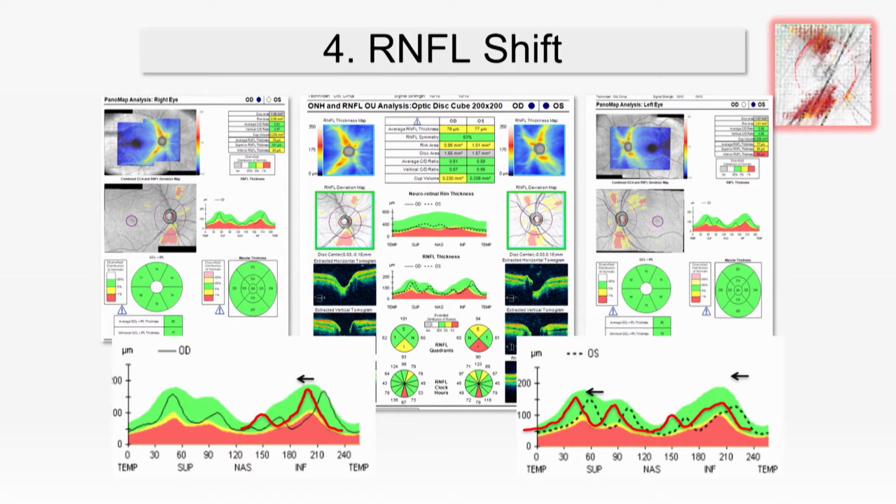If we move the TSNIT plots to the left, or nasally, we will see the RNFL thickness will fit the green area completely. So this is also a common artifact in myopic eyes. We call it temporal RNFL shift, and sometimes we see nasally shifted RNFL in hypermetropic eyes.